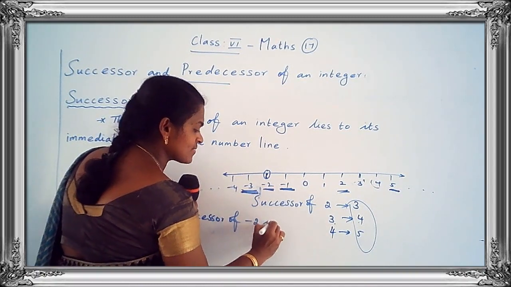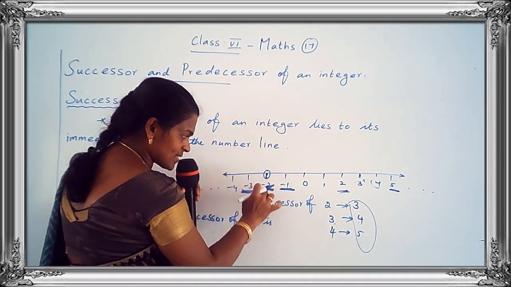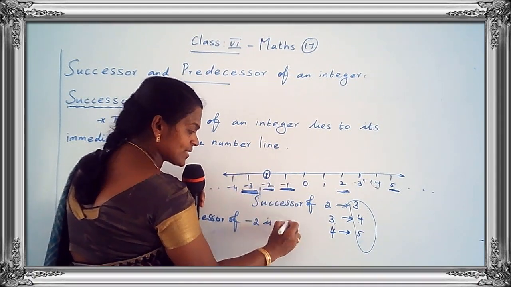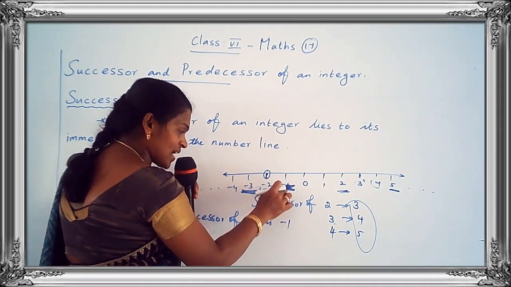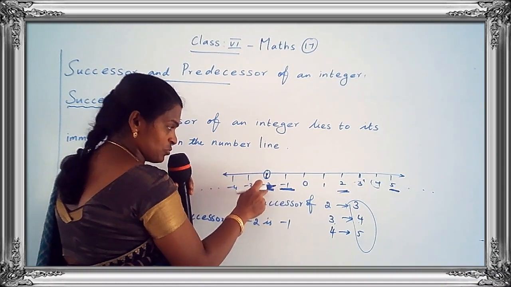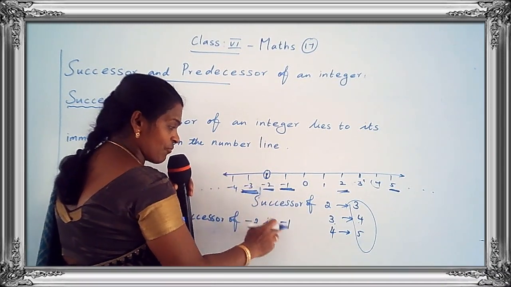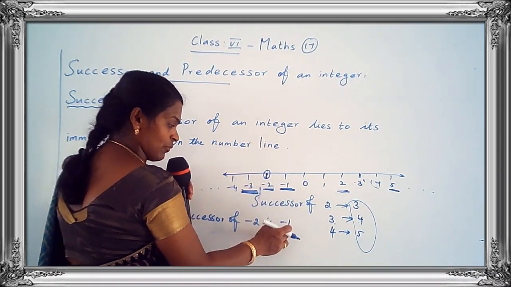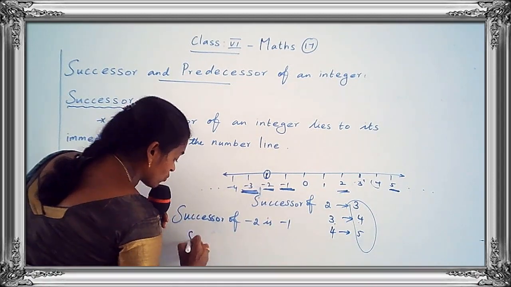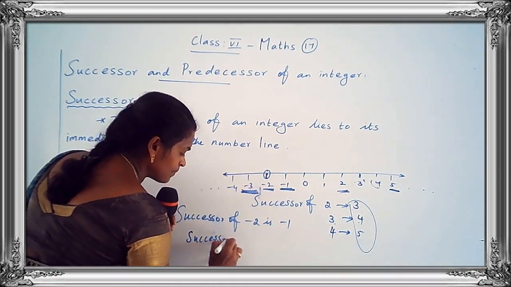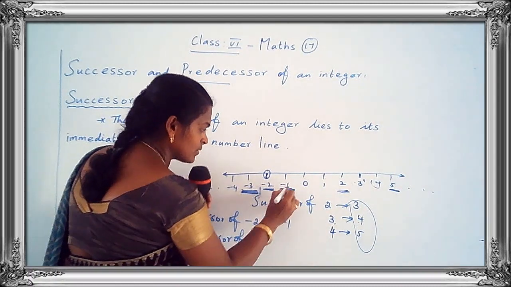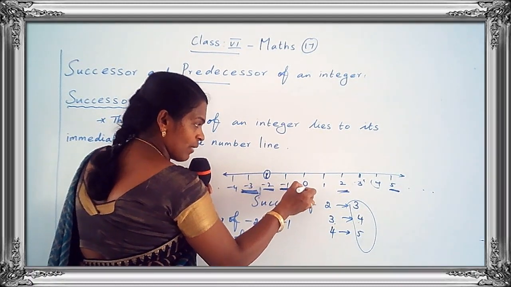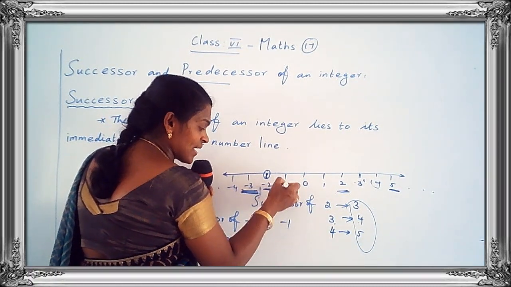Therefore, successor of minus 2 is minus 1. Why minus 1? Minus 1 lies on the right side of minus 2. What is the successor of minus 1? 0. Why? 0 lies on the right side of minus 1.